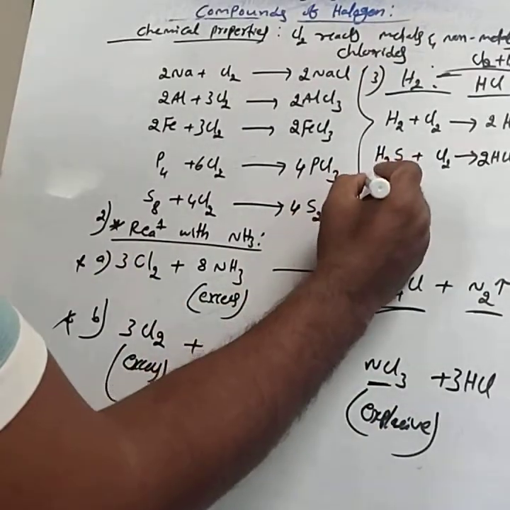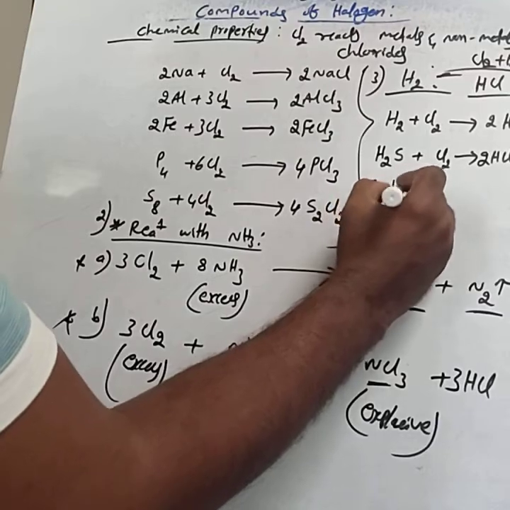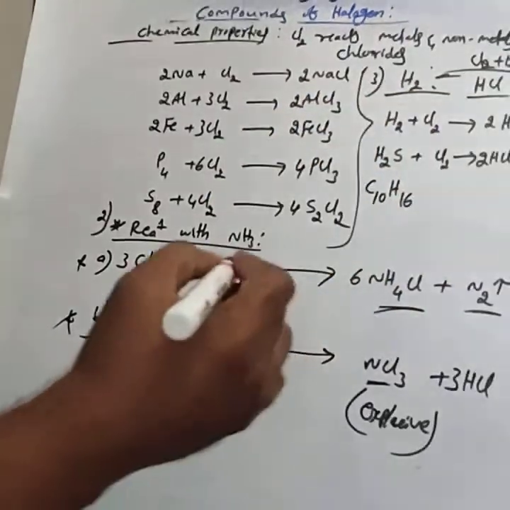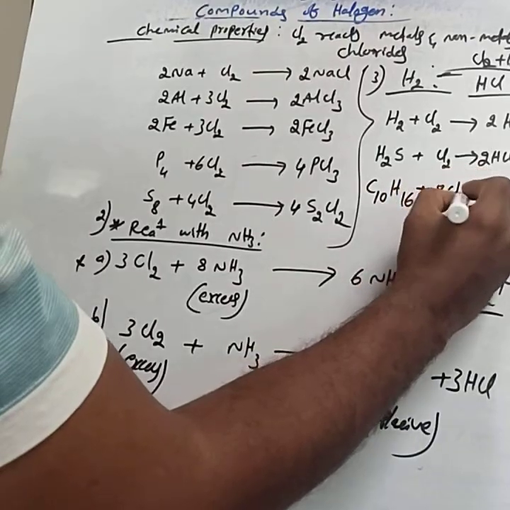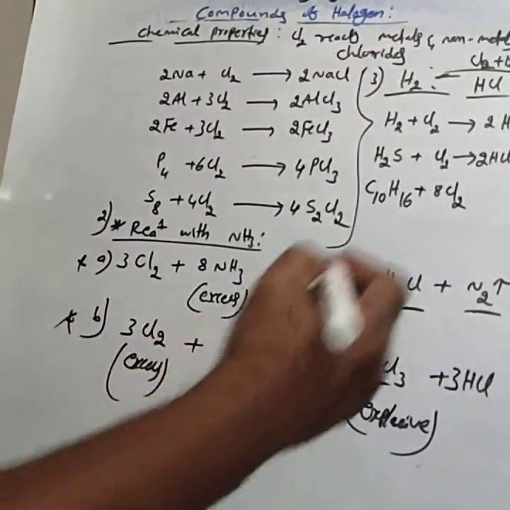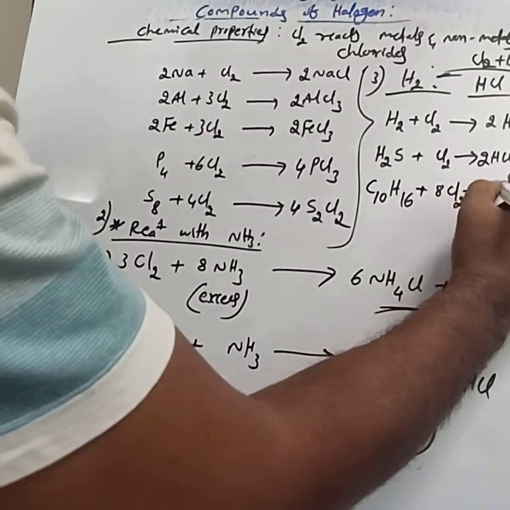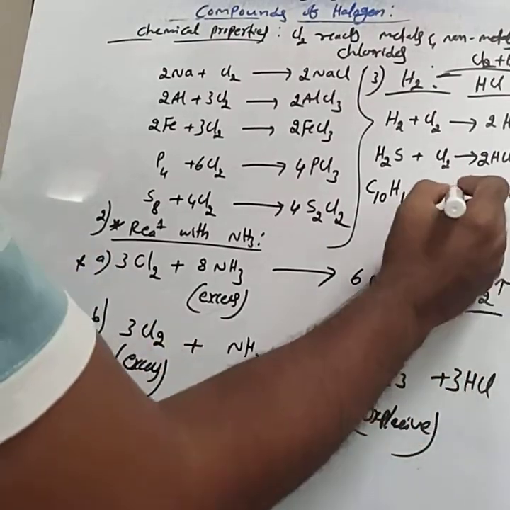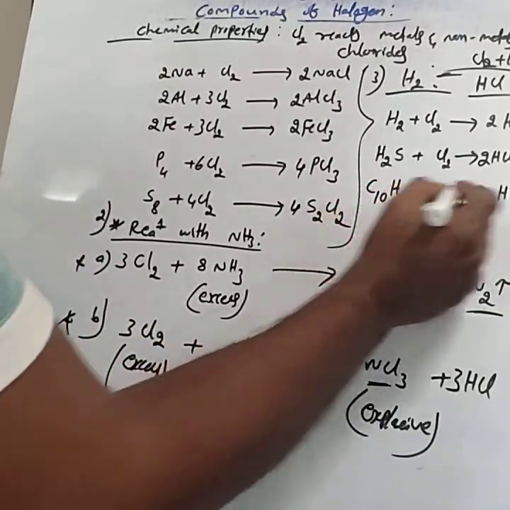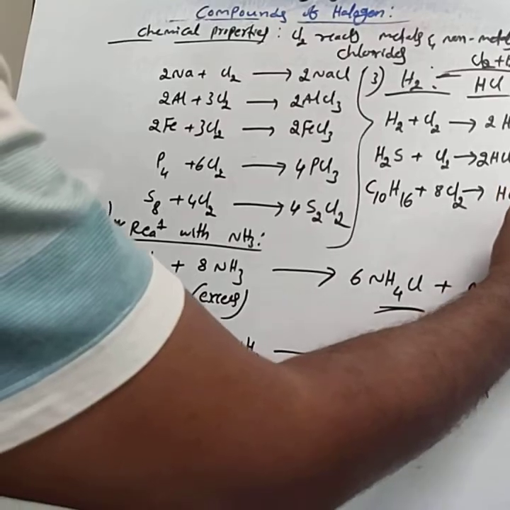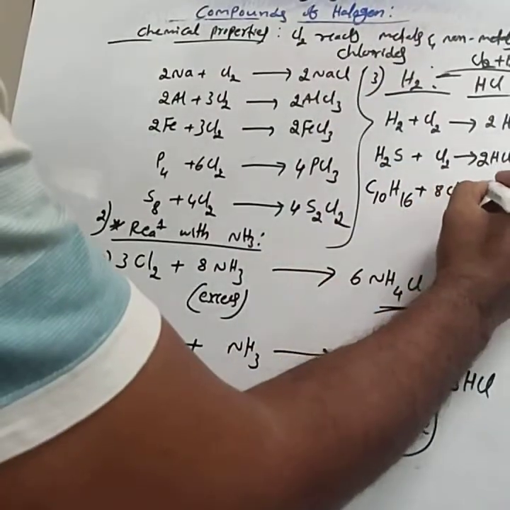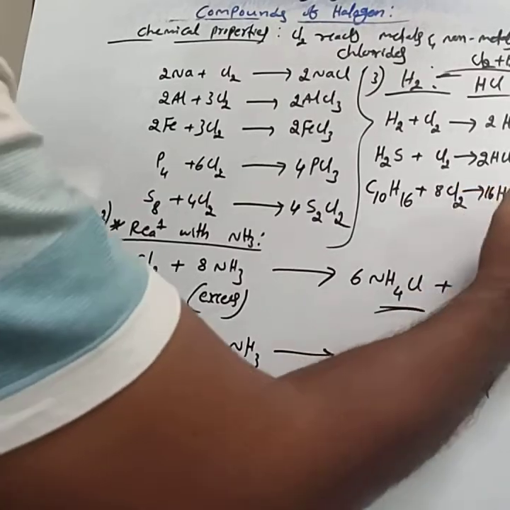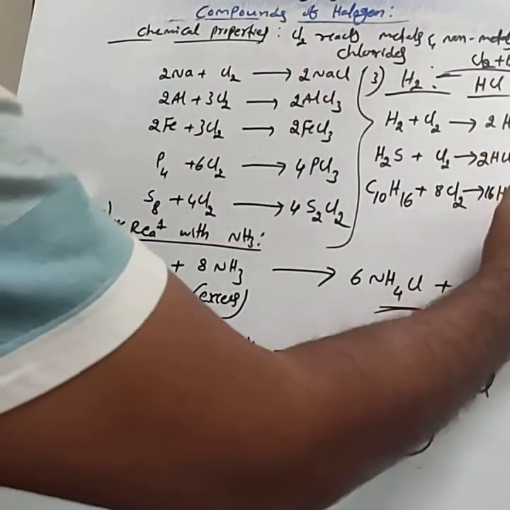Or they may consider a hydrocarbon like C10H16. C10H16 reacts with 8 moles of chlorine, and the product formed is HCl. Here chlorine reacts with the hydrocarbon, forming HCl and liberating carbon: 16 moles of HCl and 10 moles of carbon.